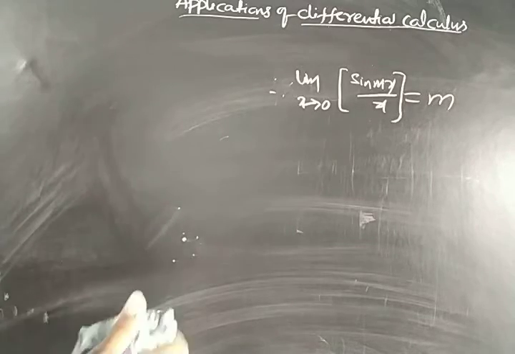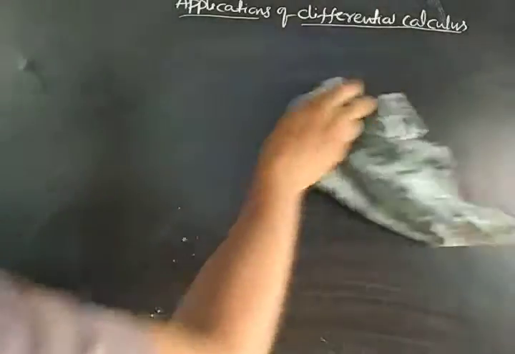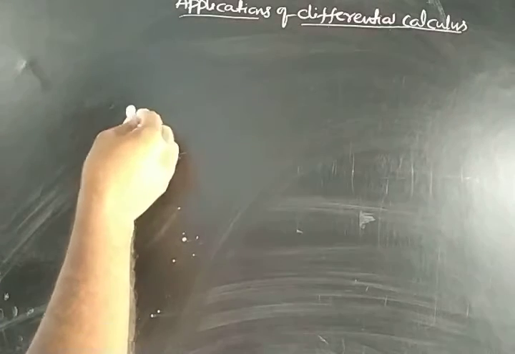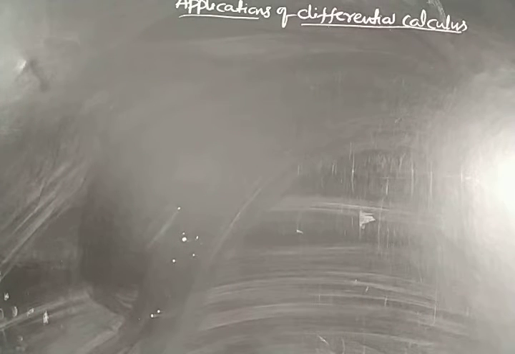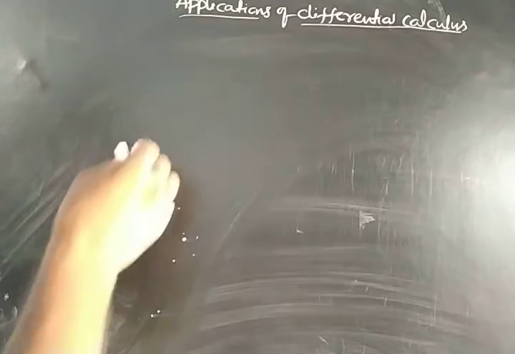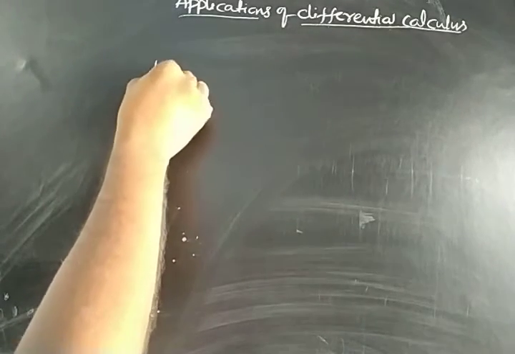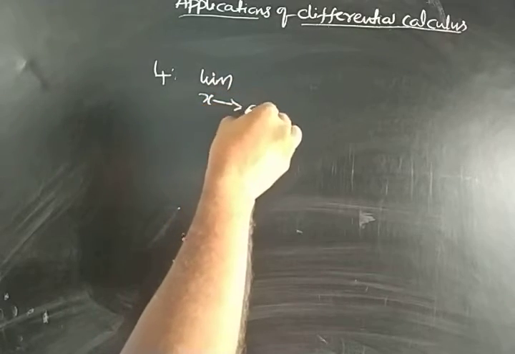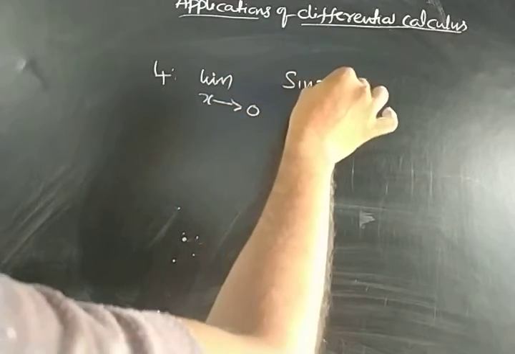Now go to the fourth example, example 4. Limit as x tends to 0 of sin x by x square.